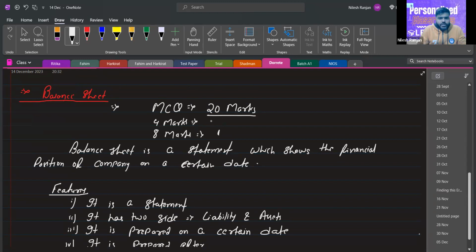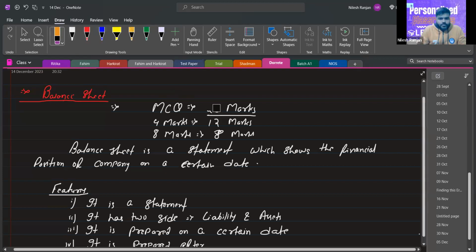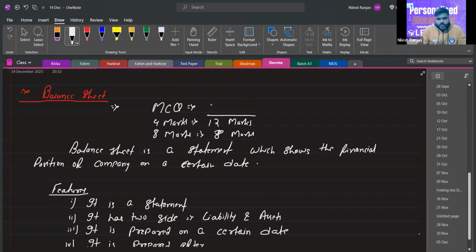So it is total 28 marks now. The paper is only 25 marks. Maybe MCQ 4 marks, or 5 marks. 4 marks. So total is 24 marks only.